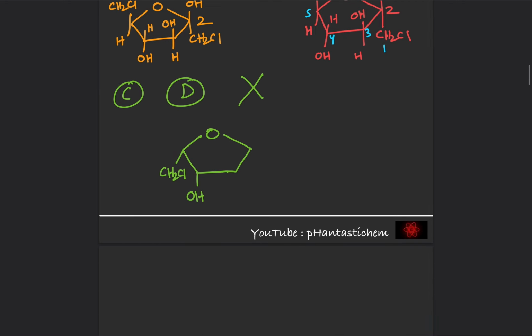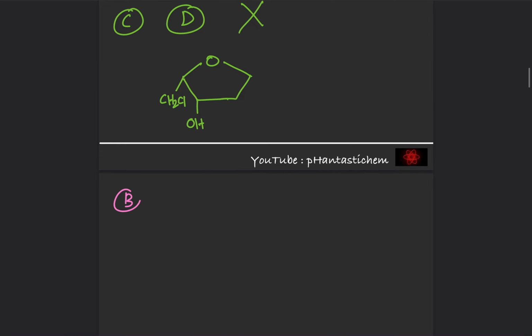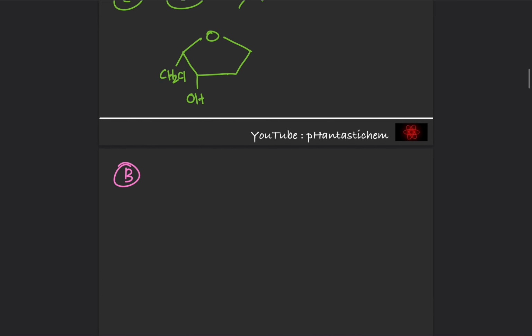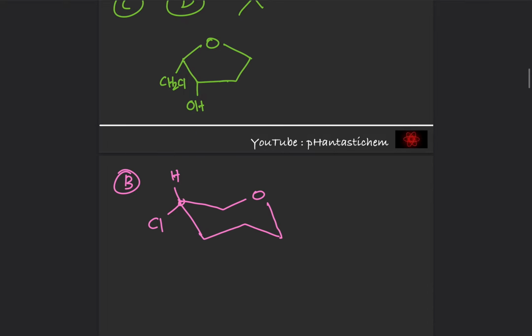B also cannot be the answer. If you look at B in the galactose part, they have drawn it like this. This is the chlorine, in C4, so this is the fourth carbon.